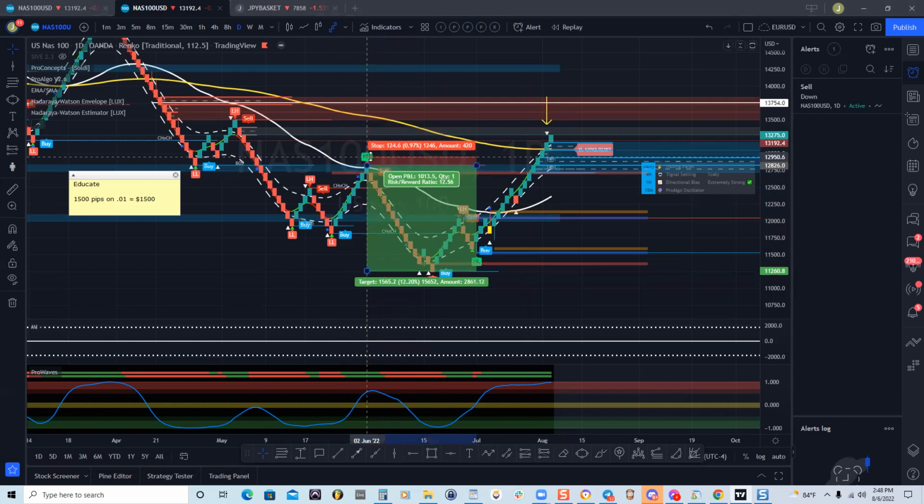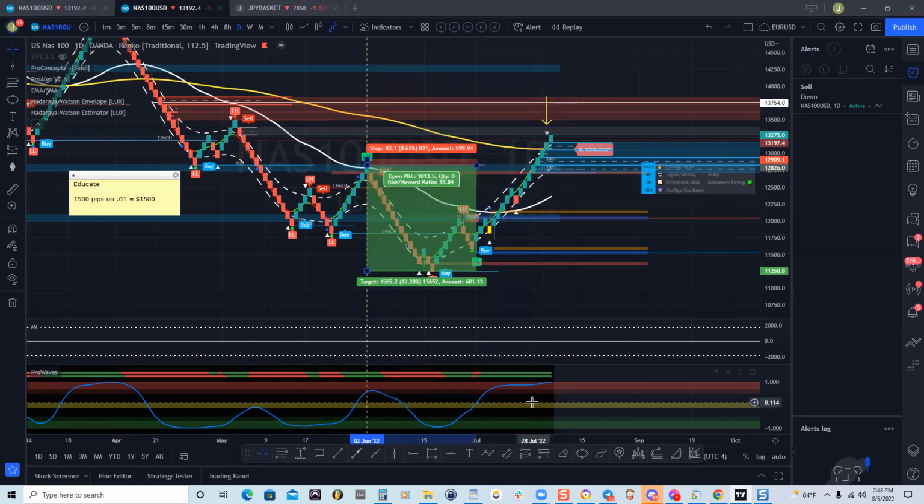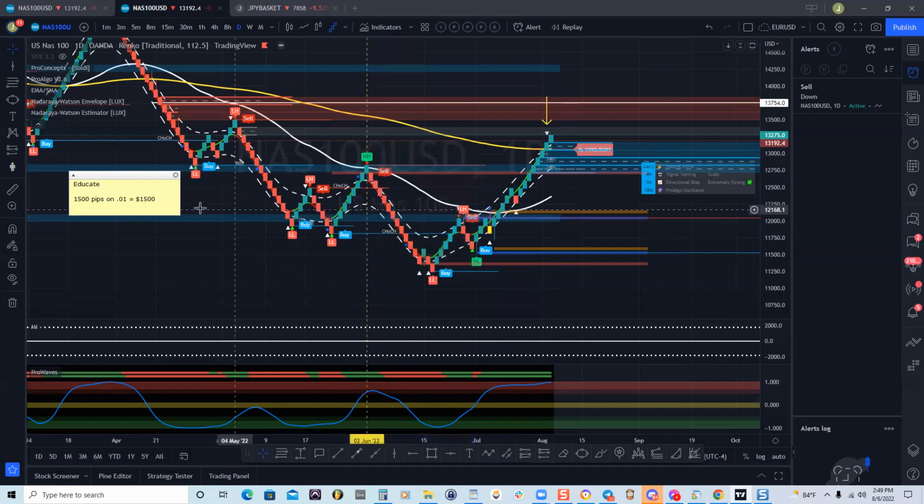That's an 11-to-1 ratio. Let me go in here and see what that's a 30 risk. If I did 0.01 on this, right? The way I understood it, and I said I could be wrong, the pips count a little different on indices than on forex.